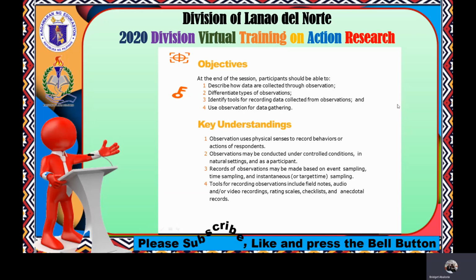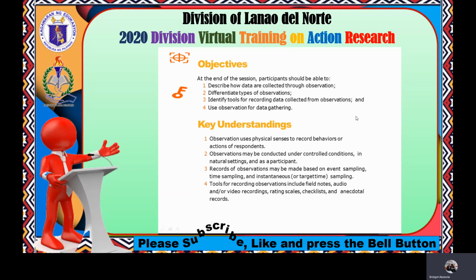Third, records of observations may be made based on event sampling, time sampling, and instantaneous or target time sampling. Tools for recording observations include field notes, audio and or video recordings, rating scales, checklists, and anecdotal records. Okay, let's start.